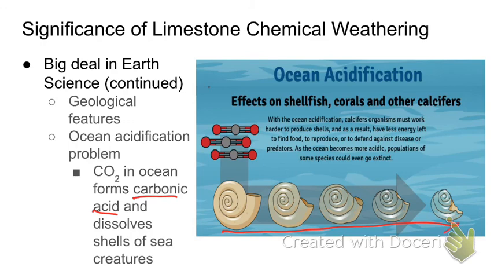The shells are too soft and these creatures cannot survive. So coral is disappearing and these sea creatures are finding it harder and harder to build their shells. So those are some of the reasons why this limestone weathering reaction is really important in earth science.